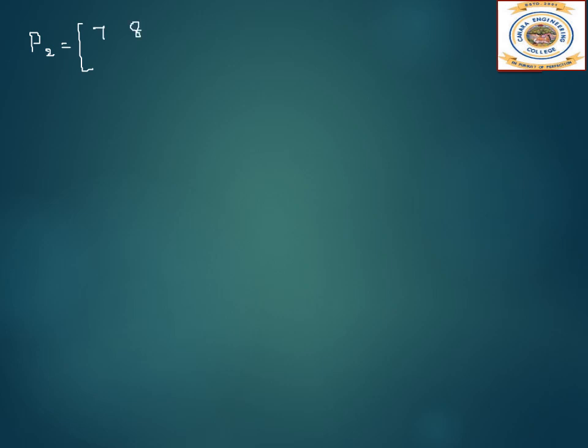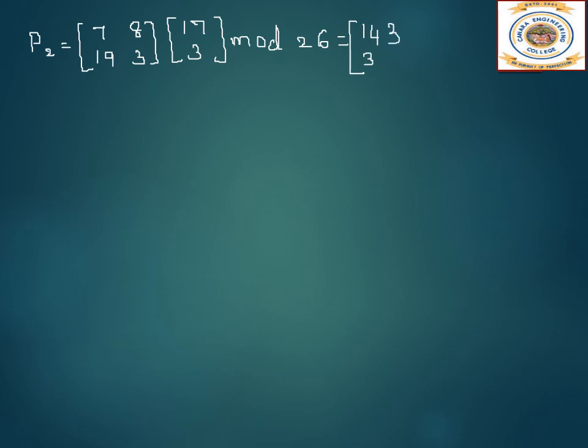So the key 7, 8, 19, 3 and P, that is R D, so 17 and 3, mod 26, which is equal to, now multiply this: 7 into 17 plus 8 into 3. So that we get as 143. Next 19 into 17 plus 3 into 3, that is 332, mod 26.